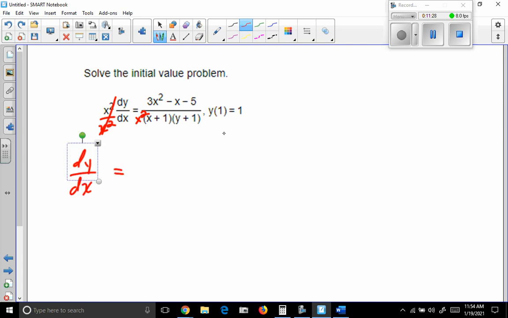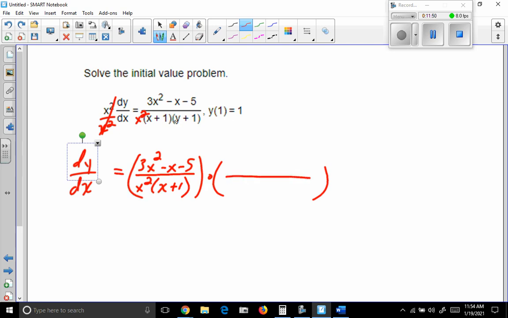So dy dx equals, let's see if we can have one factor that's x's and one factor that's y's. The x's, we have 3x squared minus x minus 5 on top. On bottom, we have an x squared and an x plus 1. On bottom, we have a y plus 1 factor, and we don't have any y factors on top, so we can write that as an understood 1 there.